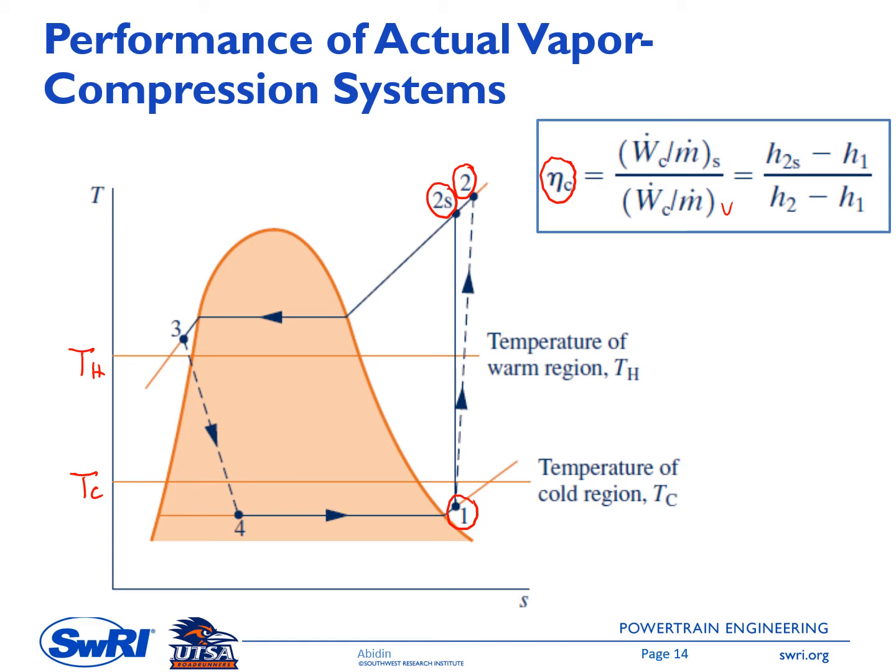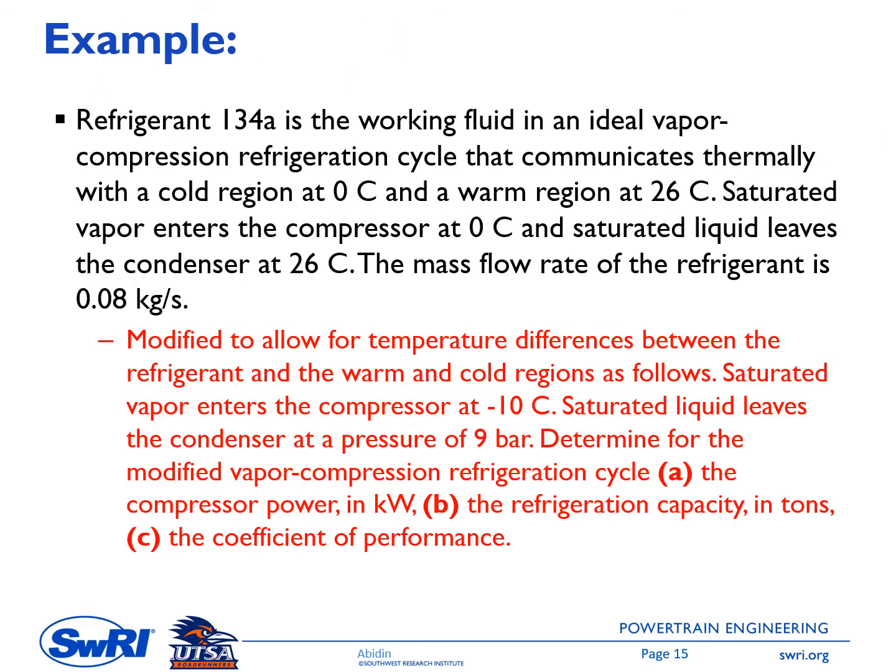Okay, let's have a look at the example when we incorporate this deviation from the ideal vapor compression system. So we use the previous example. The refrigerant is R-134a, the cold region temperature is 0 degrees C, the warm region temperature is 26 degrees C, and the mass flow rate of the refrigerant is 0.08 kilogram per second.